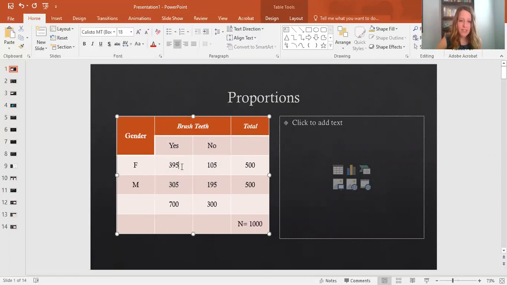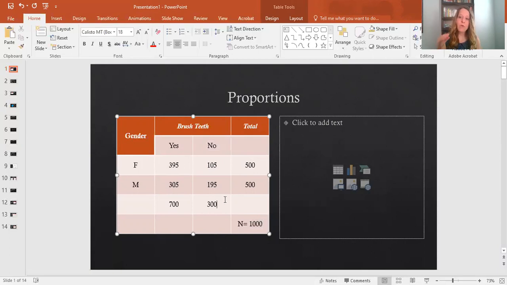We have 395 females who say that they brush their teeth versus 105 who say that they don't. We have 305 males who report that they brush their teeth versus 195 males who report that they do not. If we add all four of these cells up, we get our total sample size of 1,000 participants.